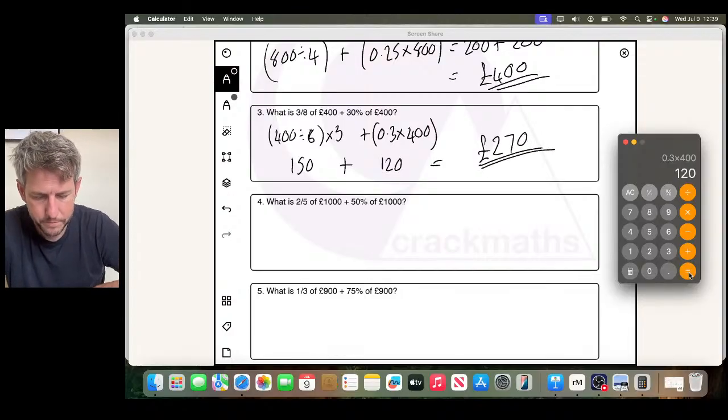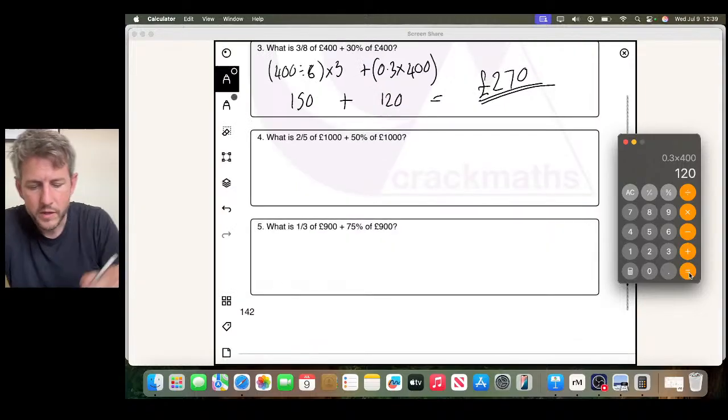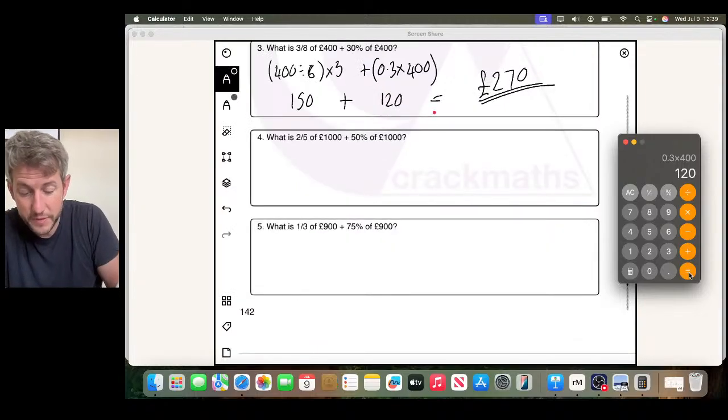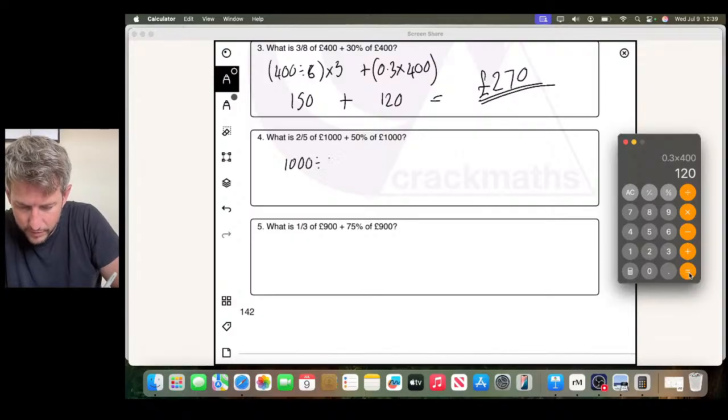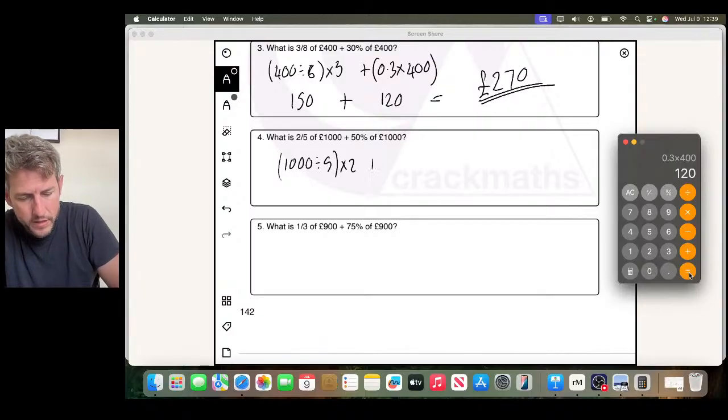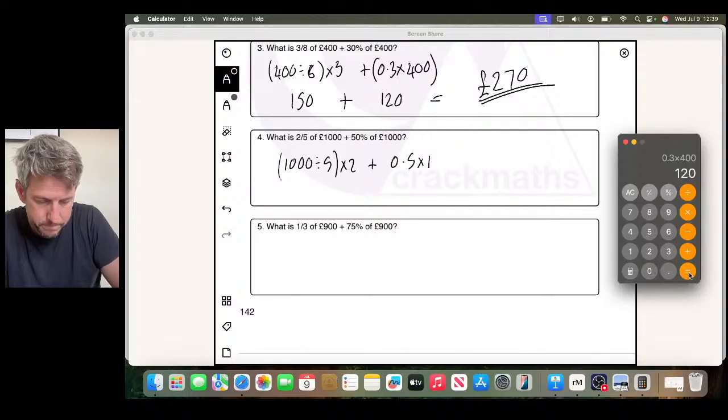Question 4. 2/5 of 1,000 plus 50% of 1,000. To find 1/5, we do 1,000 divided by 5, and then if we want 2/5, we've got to times that by 2. To get 50% of something, we just do 0.5 times that thing.